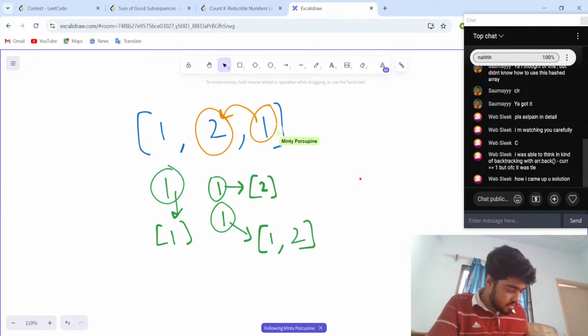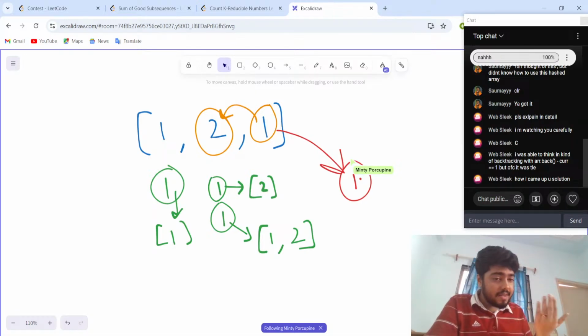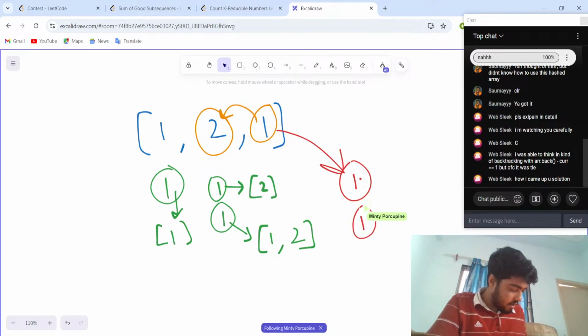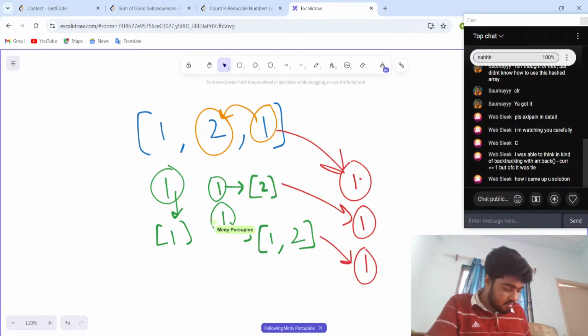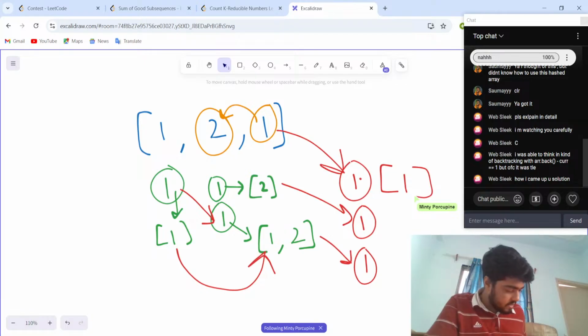So what can this one have? It can have itself alone, or it can take help from all the 2's, that is these and this. This one took help from this one, because this one was over here. Now this one is going to have itself alone once.